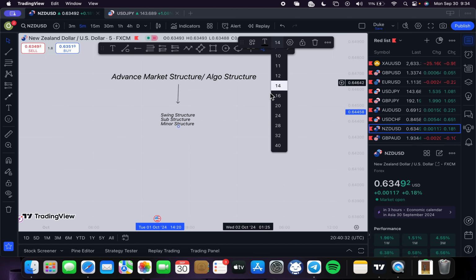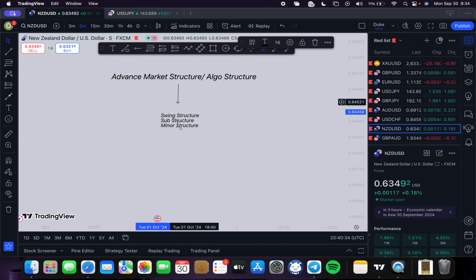Whenever we talk about swing structure, we'll talk about the swing points in the market, which are the higher high to higher low, and also lower low to lower high. Those are the swing points. Hold on, let me write it out.